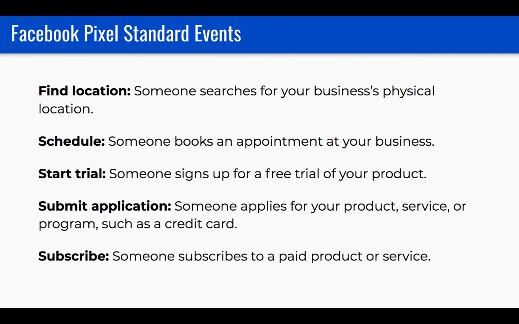So these are the standard events that Facebook has defined, but you can also go ahead and create custom events. So standard events and custom events, that is also something we will discuss in future videos. But I just wanted you to learn about the standard events that are there. So you can get an idea about the different possibilities that we can do in the future.